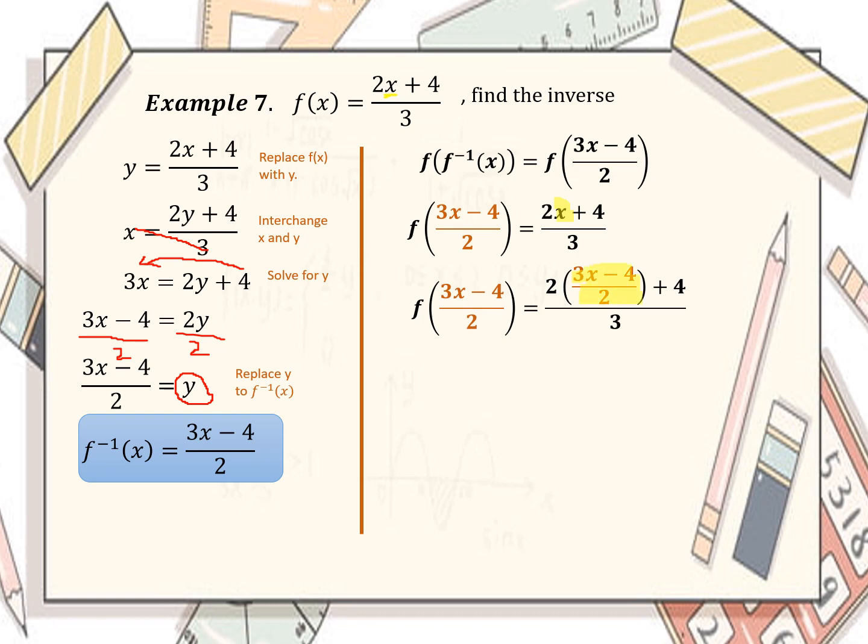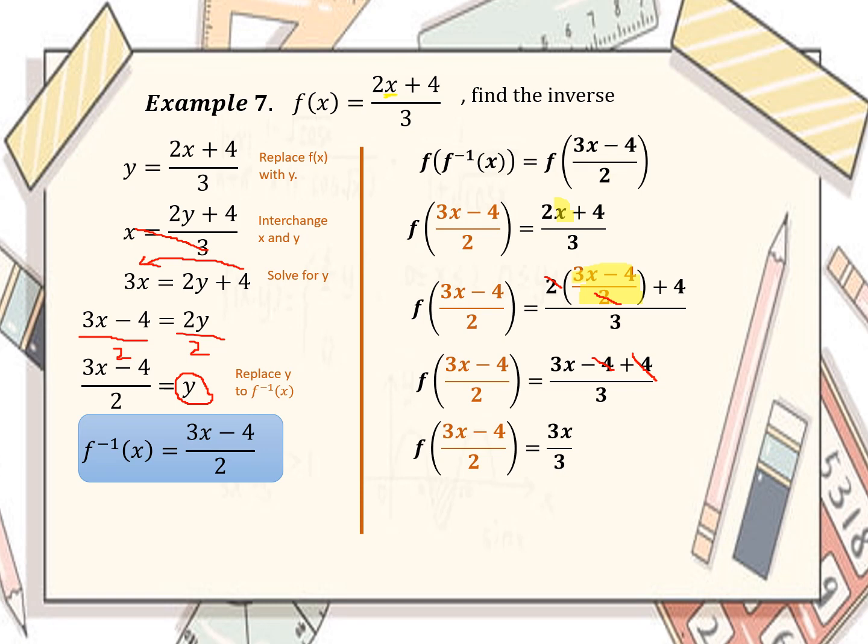So, now po pwede na nating isolve. Kailangan ang matitira lang ay x. So, dito kay numerator, pwede mo na agad alisin yung 2. Yan. 1 lang din kasi ang magiging answer niyan. So, ang matitira is 3x minus 4 plus 4. So, si negative 4 at positive 4, cancel na lang din.